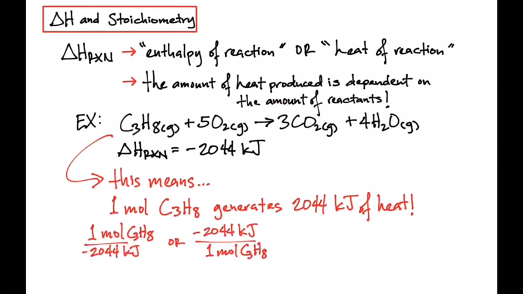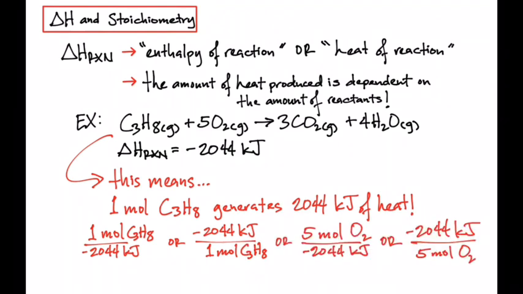So we can turn this into a conversion factor, where you have 1 mole of propane for every 2,044 kilojoules. This is just a ratio between the moles of propane and the amount of heat. Or you can do the inverse, energy per mole of propane. Or again, you can use oxygen gas relative to the energy and vice versa.